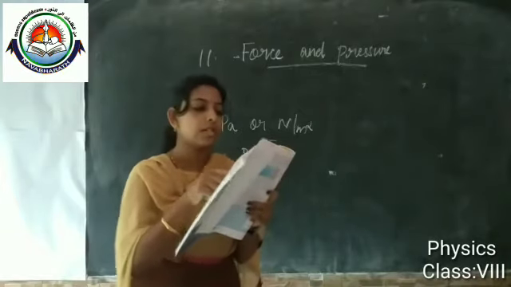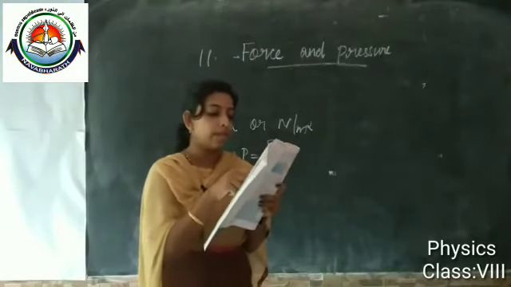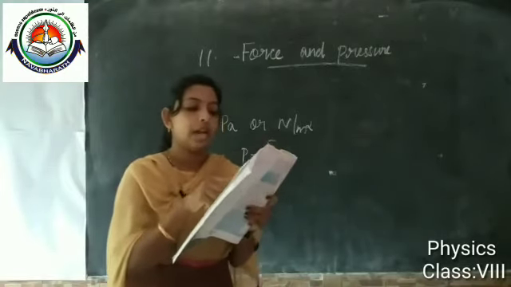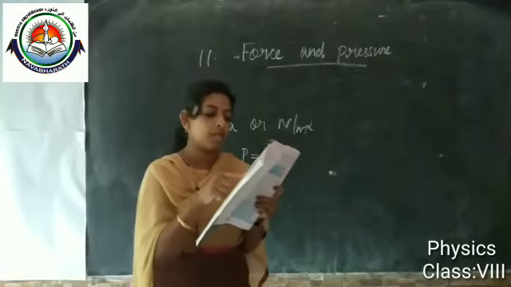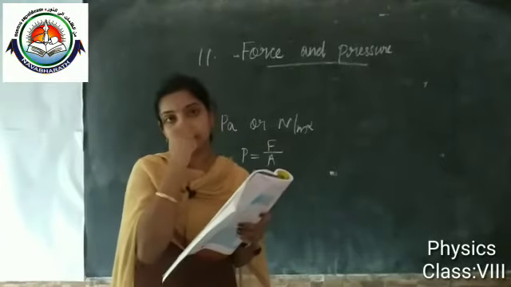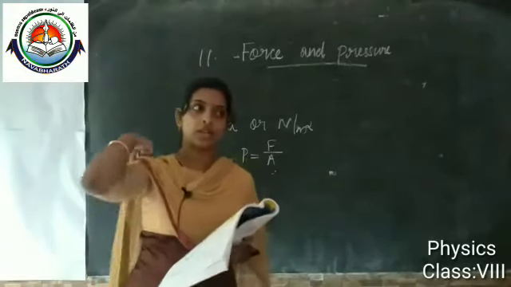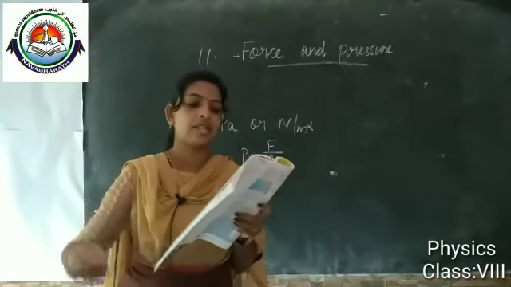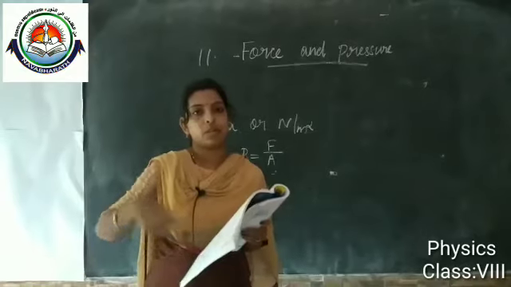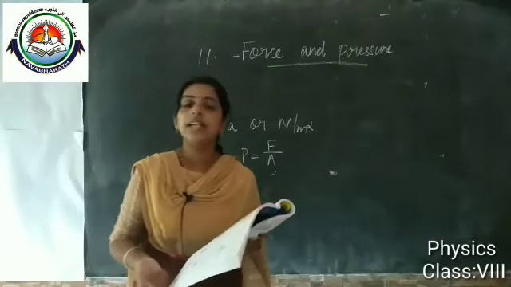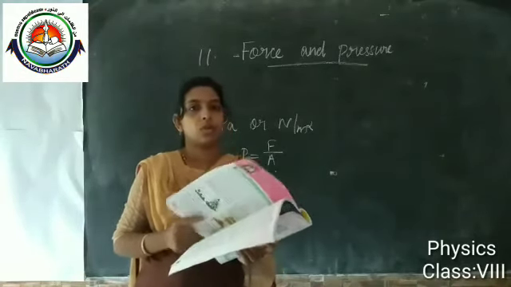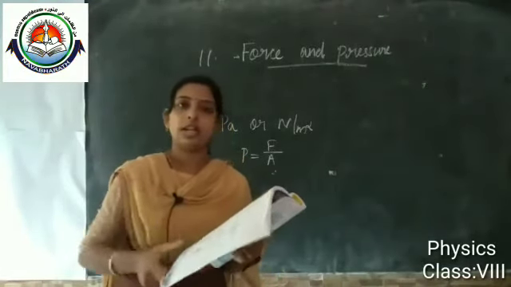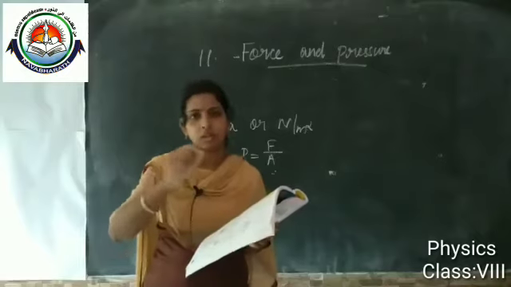The mountaineers suffer nose bleeding at high altitude because the atmospheric pressure there is much lesser than our blood pressure. So they suffer nose bleeding because of the less atmospheric pressure at high altitude.